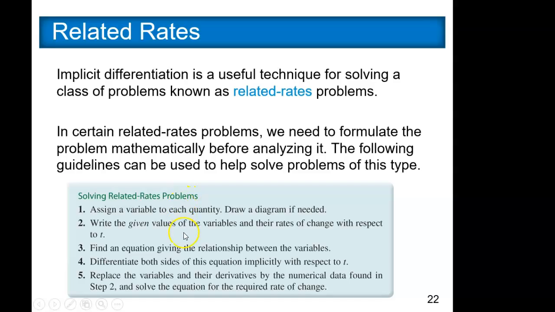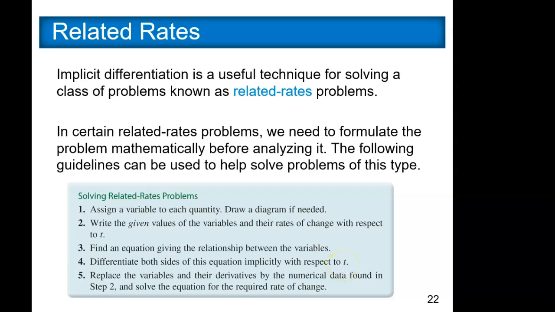So some of these steps that the book outlines for us won't necessarily apply because you're going to be given the equation, so you're not really going to be asked to find an equation that relates the variables. So you're really going to be doing these last two steps, differentiating both sides implicitly, but you're going to do this with respect to t for time.